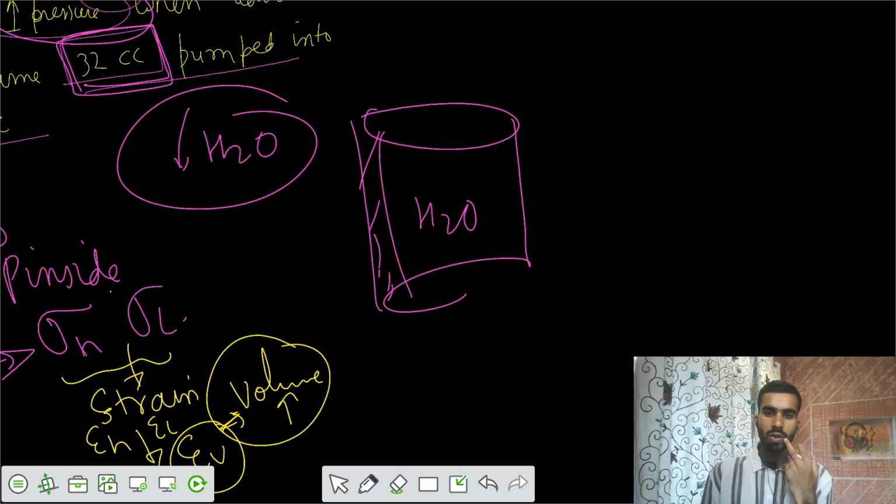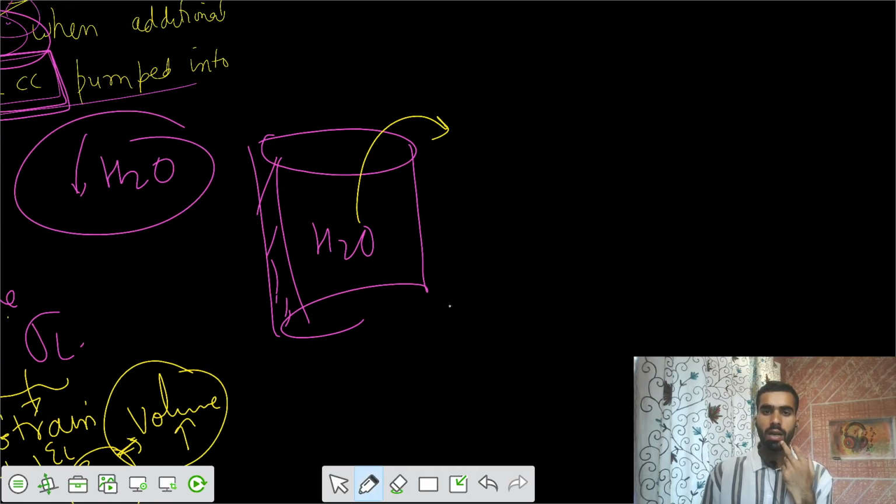Similarly, the water is also getting compressed.